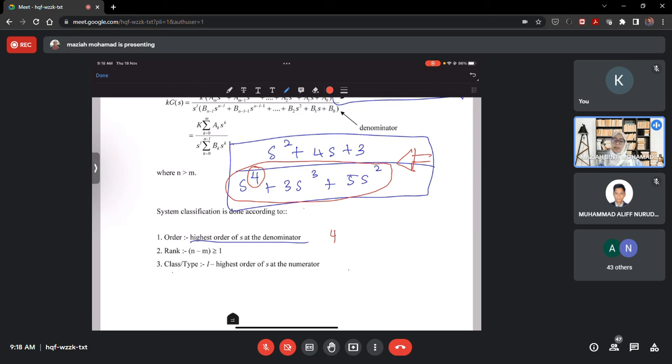The second one is based on rank. Sometimes we classify a system based on rank, where rank is n minus m.